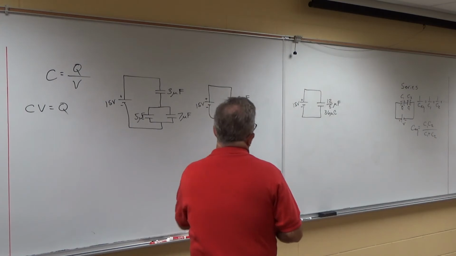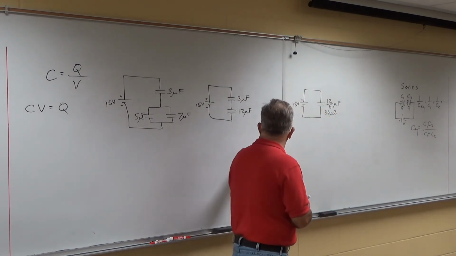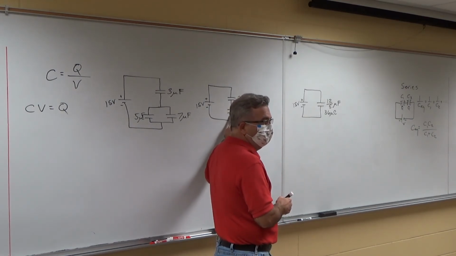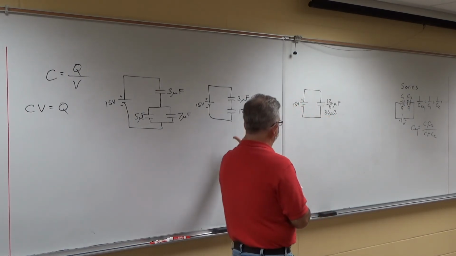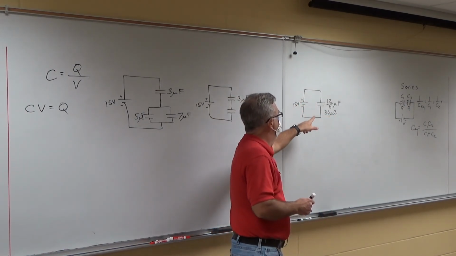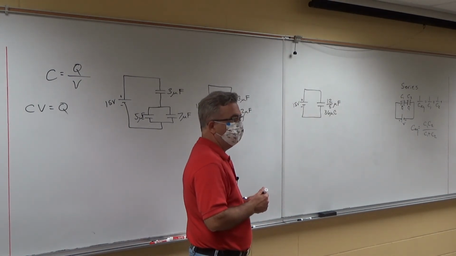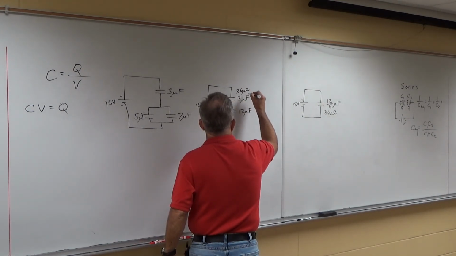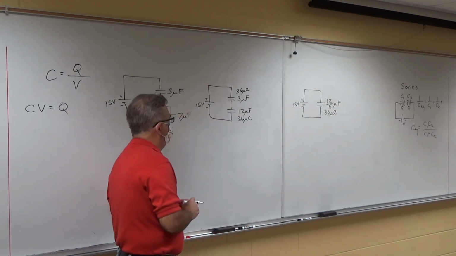All right. This equivalent capacitance came from a series connection. Whatever charge you find on an equivalent capacitance that came from series, that charge is on each of your series capacitors. They have equal charge. So this has 36 microcoulombs, and this has 36 microcoulombs as well.